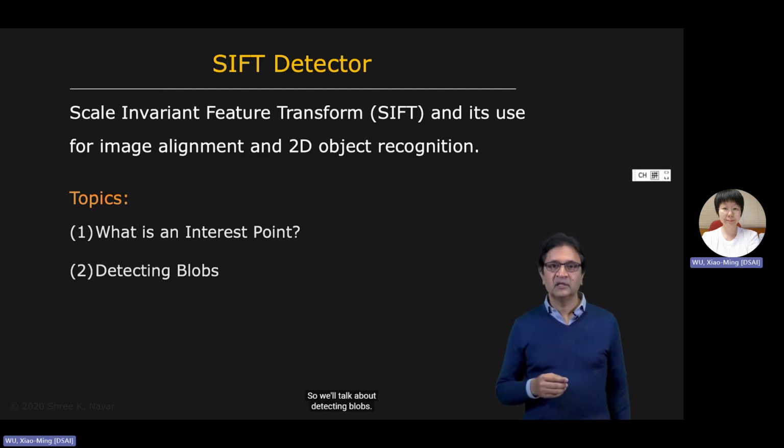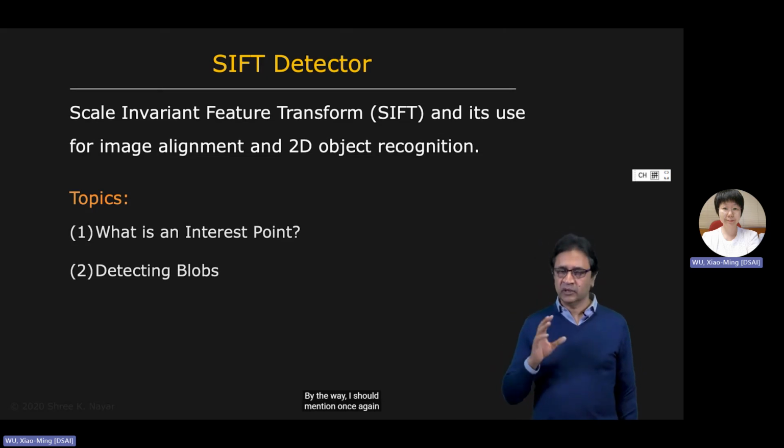So we'll talk about detecting blobs. By the way, I should mention once again that the term blob is being used very loosely here. It's a patch with a local appearance. And we'll use derivatives of images to actually detect blobs, very much like what we did with edge detection. We'll create a theory for blob detection. What's nice about this theory is that it can detect blobs over multiple scales.